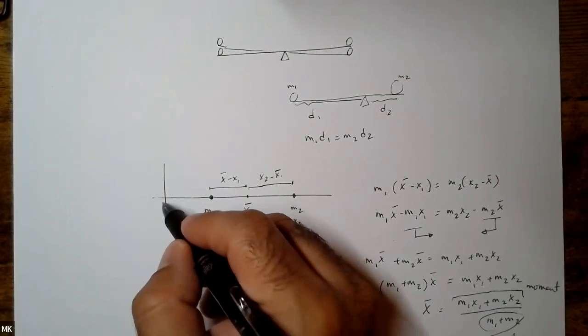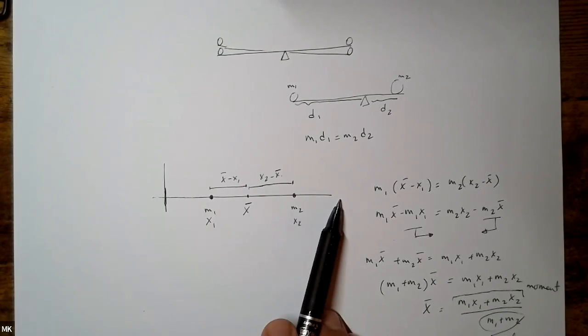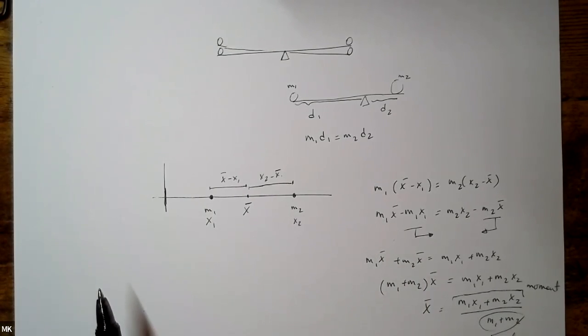So it's a moment about the origin in this case, where you're calculating the distances from the origin. Okay, so the first moment about the origin over total mass gives you your x bar. A relatively simple idea. If I had more masses, then I would just keep doing that for the total mass. But in this case, I only have two masses, and I'm trying to find the center of mass for those.